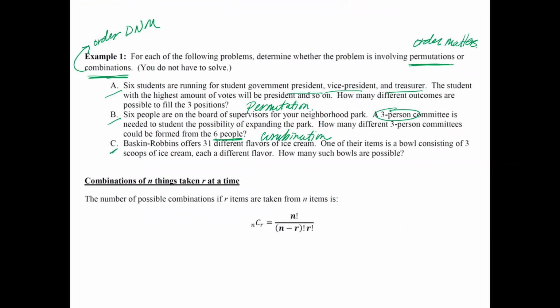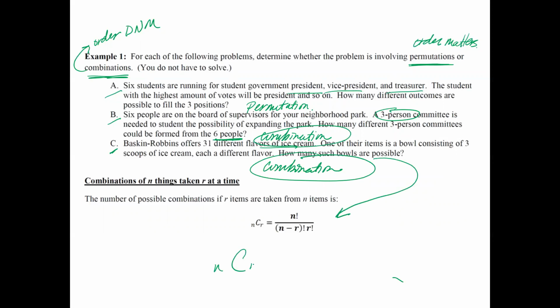C. Baskin Robbins offers 31 different flavors of ice cream. One of their items is a bowl consisting of 3 scoops of ice cream, each a different flavor. How many bowls are possible? In this case, it's also a combination. Order does not matter. So if you're looking at combinations like questions B or C, you will be using the formula nCr.